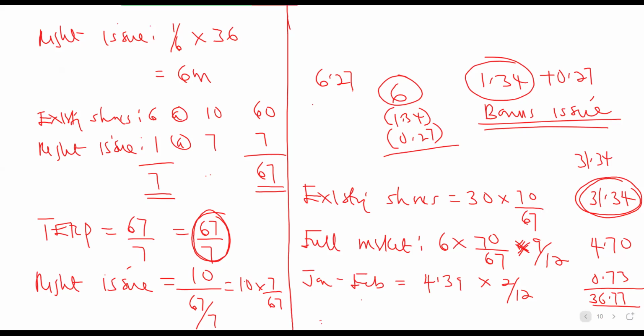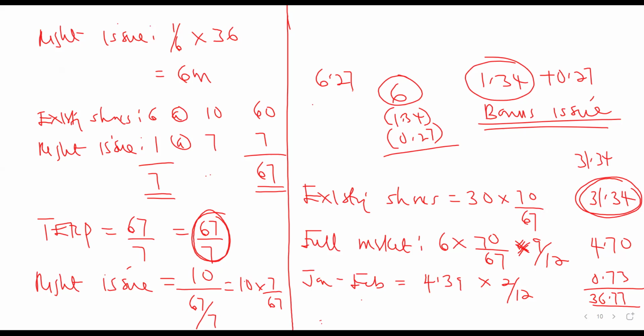Okay. Please, yes, please. I think we can use 7/6 being the fraction of the unit as a bonus fraction to adjust it as well. No, the right issue is different from bonus issue.